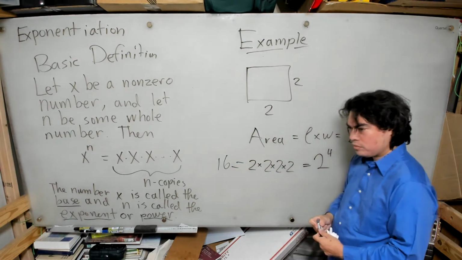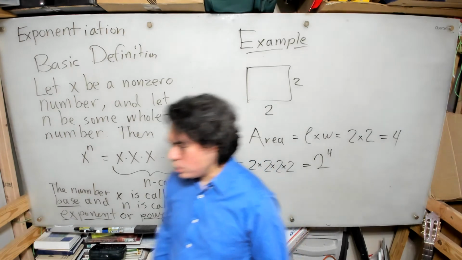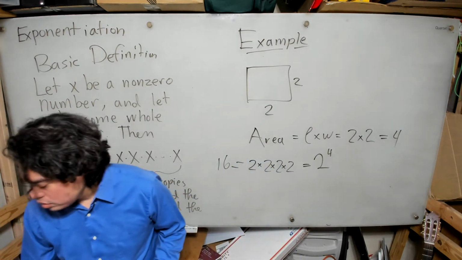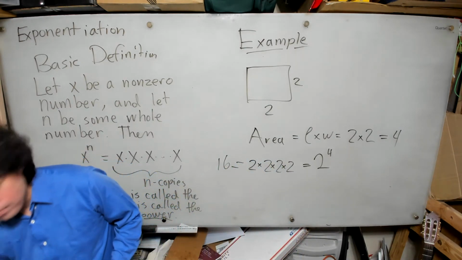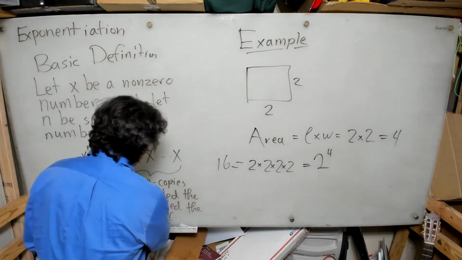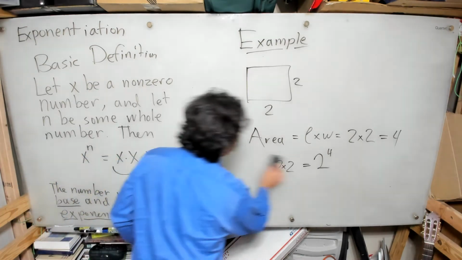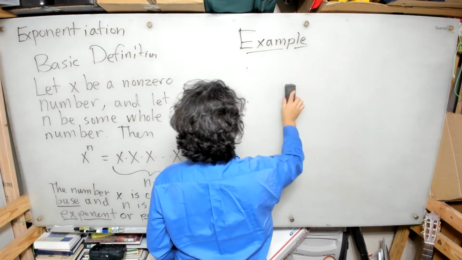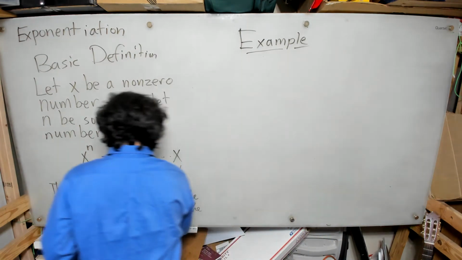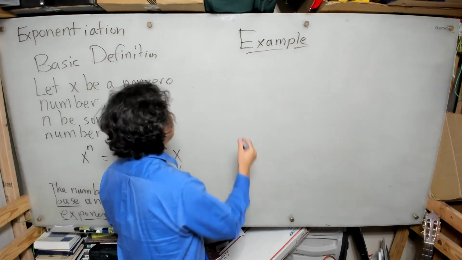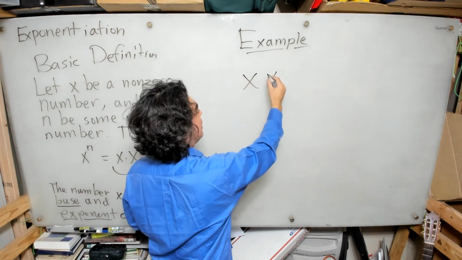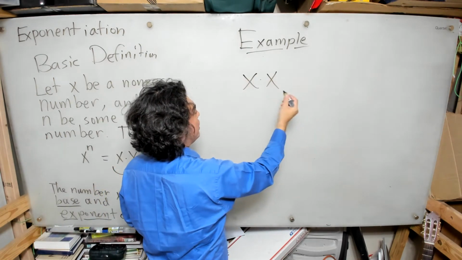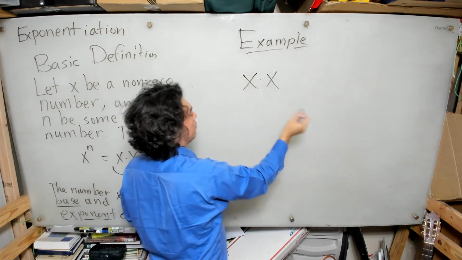And so now let's continue a little bit here. Let's continue with a couple more examples, where this is going to really play a role for us. So let's say I have x times x, for whatever reason.